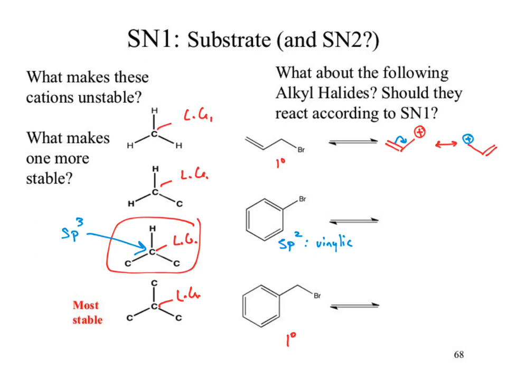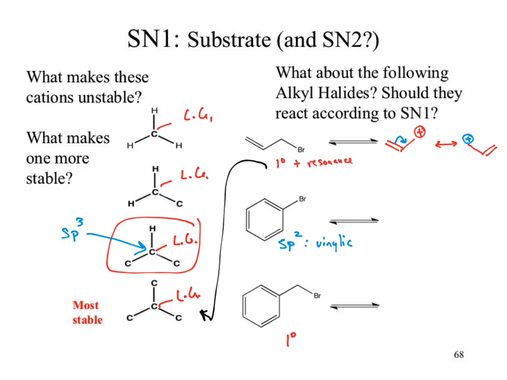This isn't primary. This is primary, and depending on how you want to reference it, I usually say primary plus resonance. What does that do to the stability of the carbocation? Increases it exceedingly. So much so that a primary plus resonance roughly equates to a tertiary.